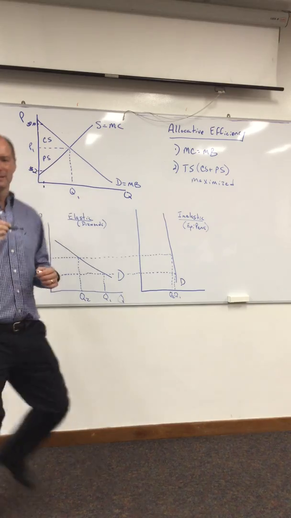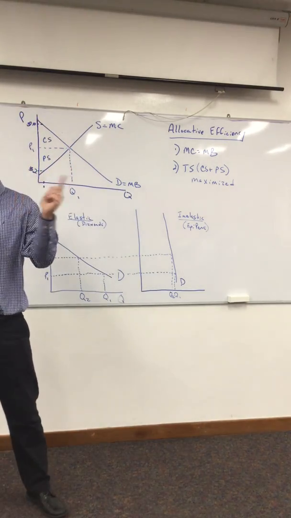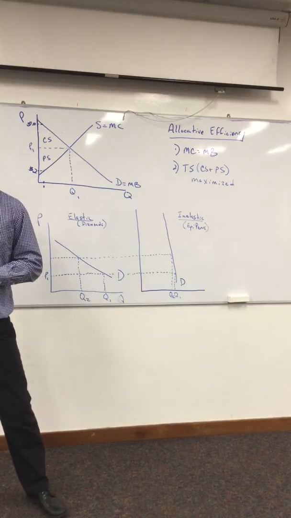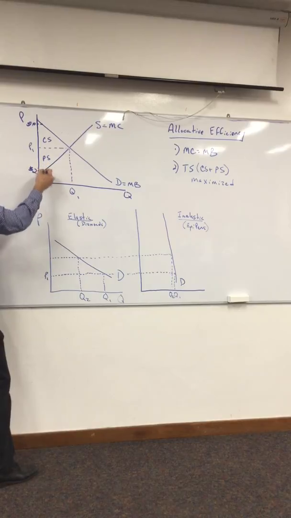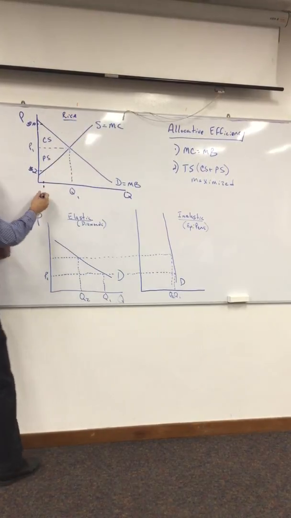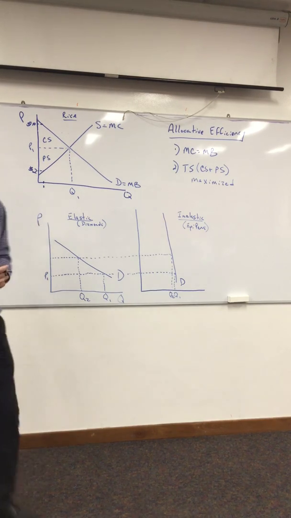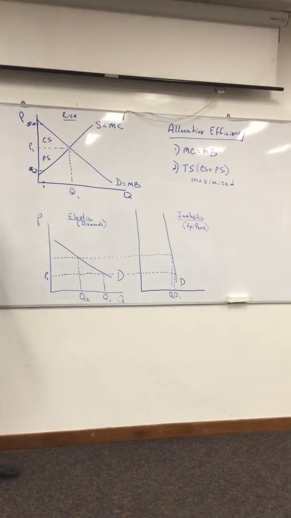What does that mean? If you think about a world of two goods, rice and potatoes, let's say this is the market for rice. For that first bushel of rice, consumers would pay $10. That's the value they place on the good.